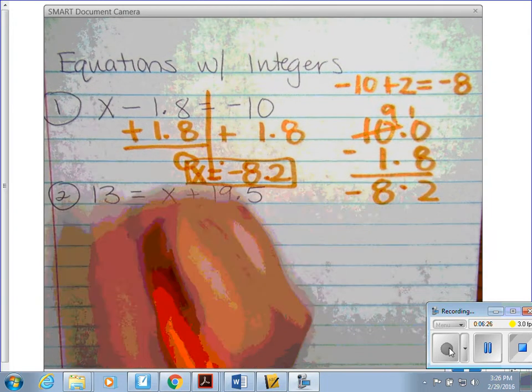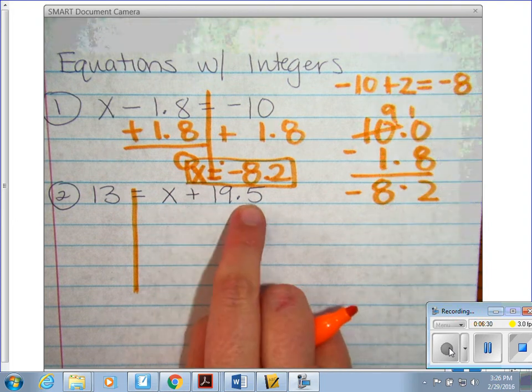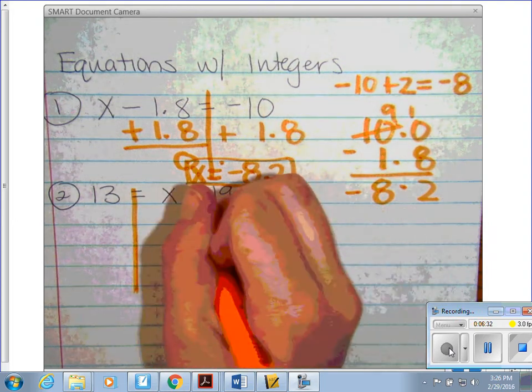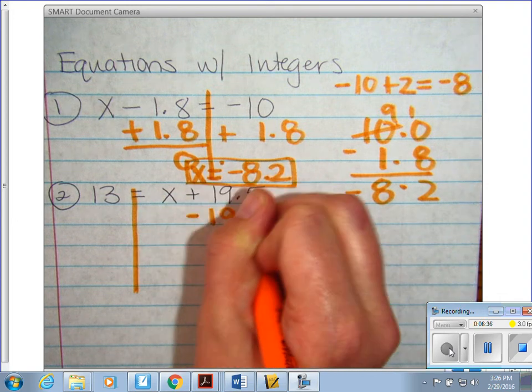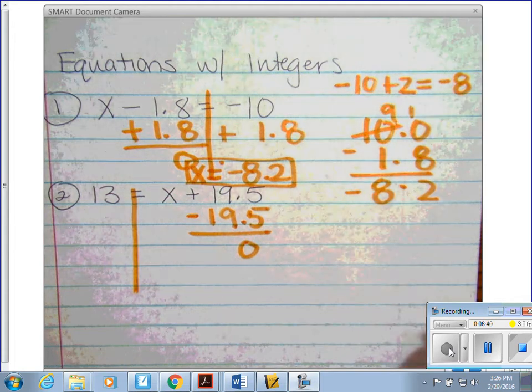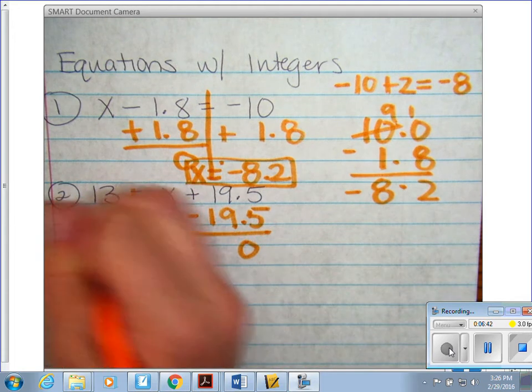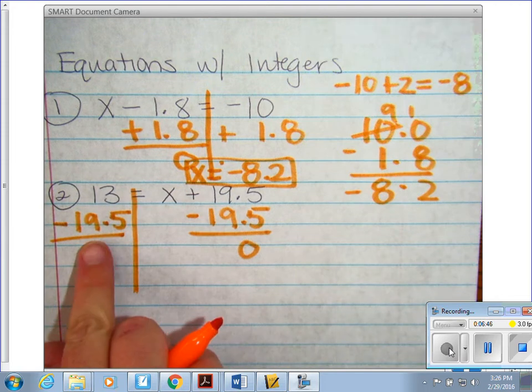Now let's look at our next one. I have x plus 19.5. So I'm going to undo positive 19.5 by subtracting 19.5. And I get 0. And likewise, on the other side, I need to subtract 19.5. But there's a problem here.